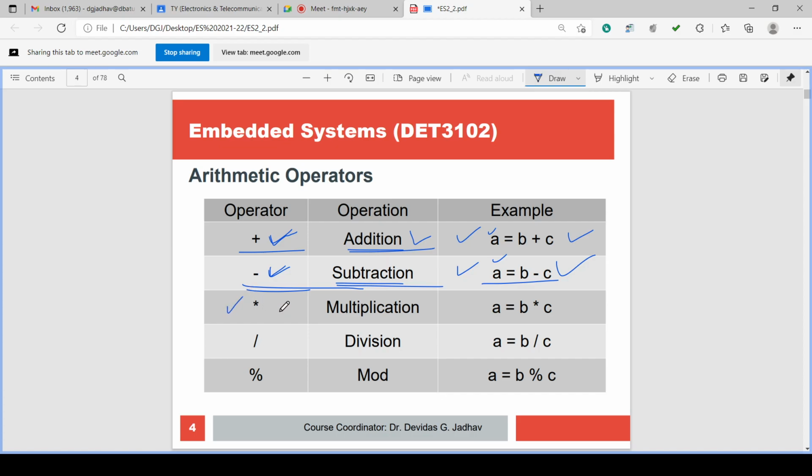Similarly, the star symbol, the asterisk symbol, is used for multiplication.